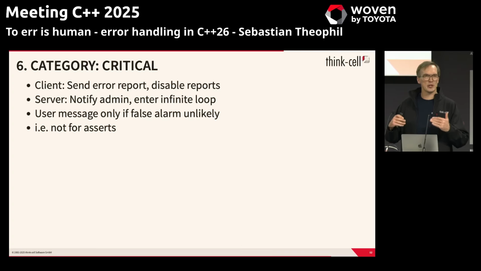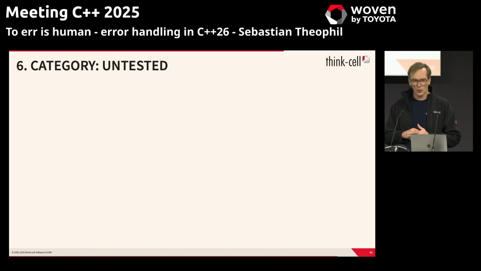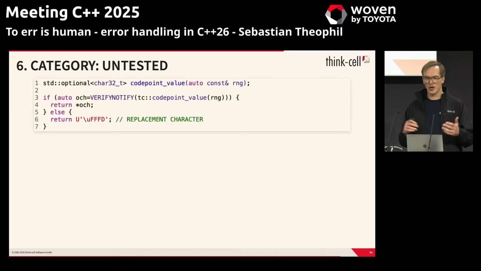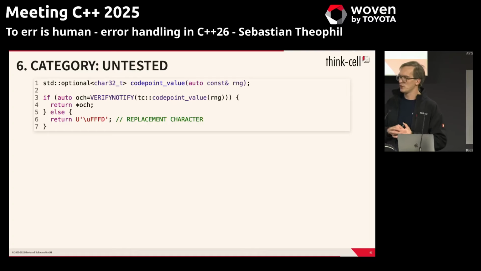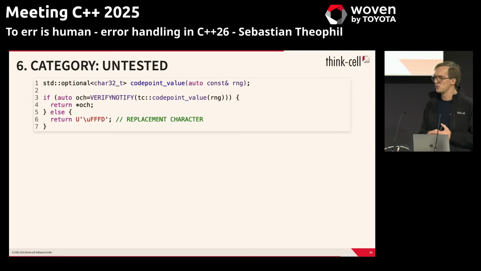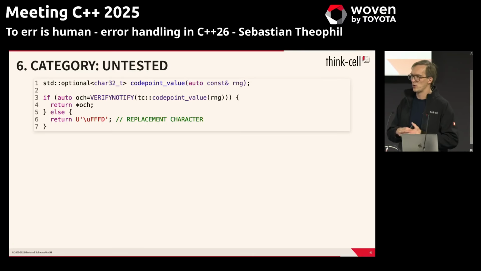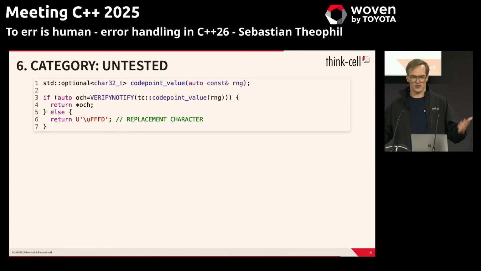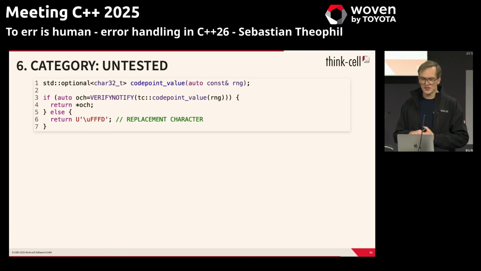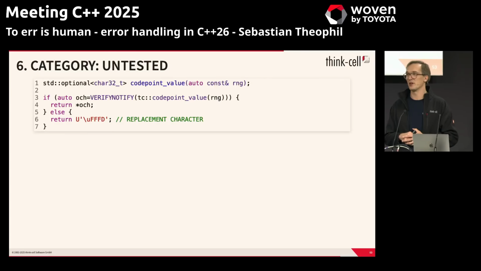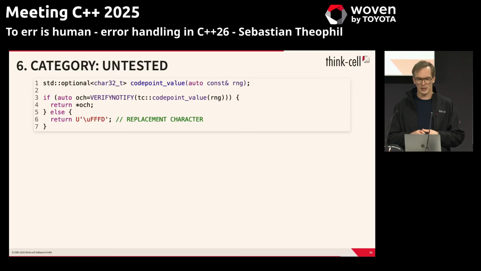And then there's a level below that where we have a situation maybe like this here. So you get an input range and you want to find out what Unicode value is that range of bytes. And conceivably, that range of bytes might not be any valid Unicode value. And I say, I don't know how this could happen, but I think it does happen, or it could happen. And then we have a special error handling annotation.